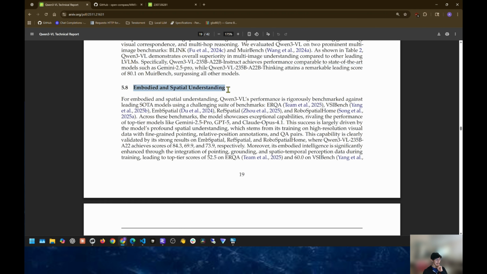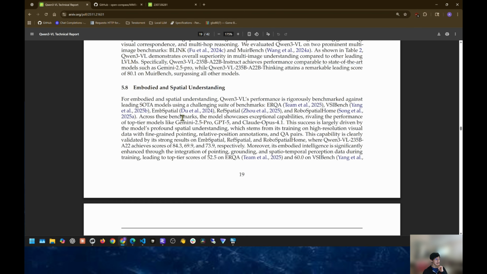Embodied and spatial understanding. For embodied and spatial understanding, Qwen3 VL's performance is rigorously benchmarked against leading state-of-the-art models using a challenging suite of benchmarks: ERQA, VSI-Bench, EmbSpatial, RefSpatial, and RoboSpatial-Home.